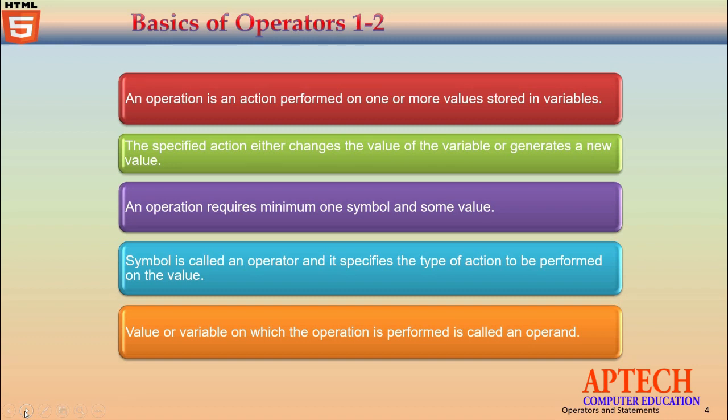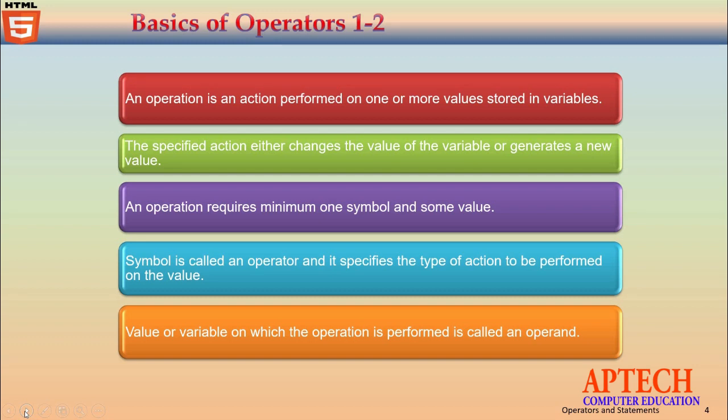For example, x plus y, where plus is an operator and x and y are the operands on which the operation is being performed. A symbol is called an operator, like plus, subtraction, multiplication, and it specifies the type of action to be performed on the values, like greater than, less than, any operation.